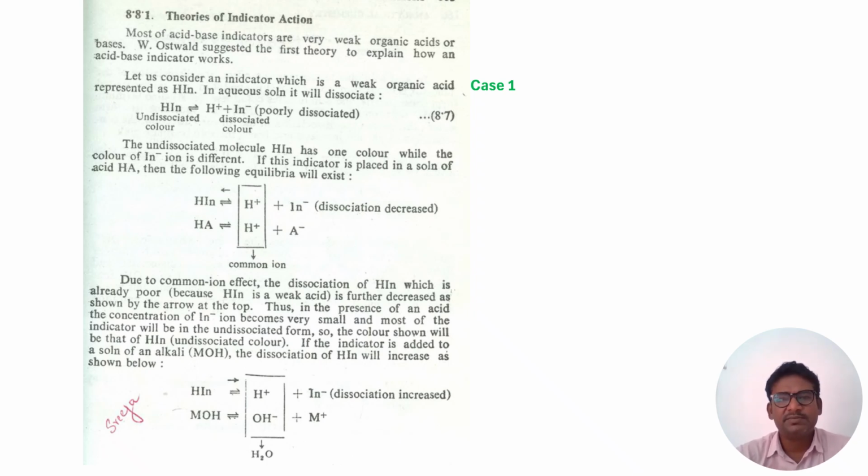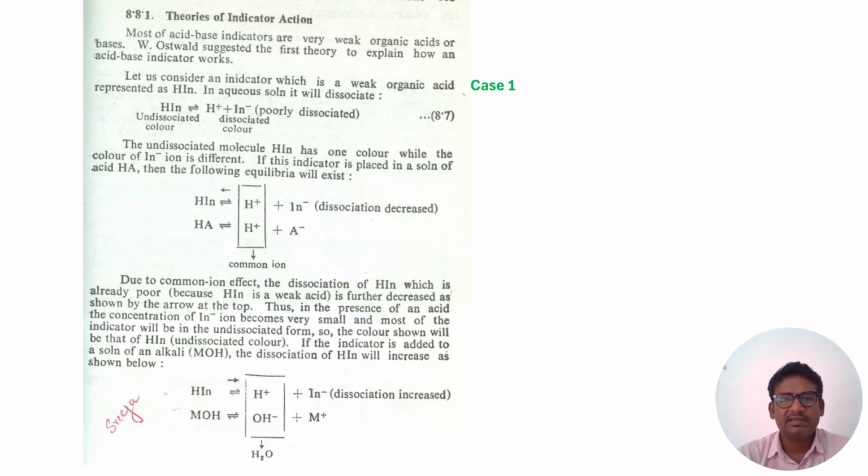Most of the acid-base indicators are very weak organic acids or bases. Let me repeat this. Most of the acid-base indicators are weak organic acids or bases. Ostwald suggested the first theory to explain how an acid-base indicator works.